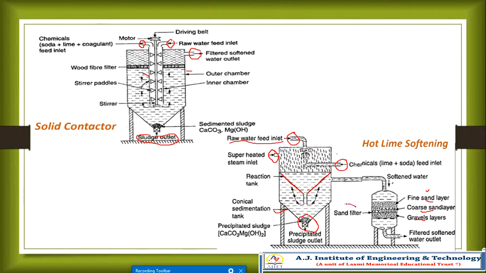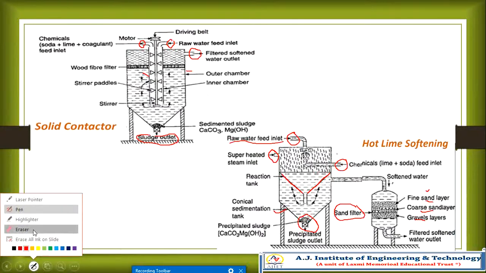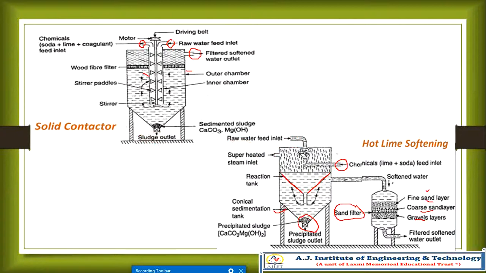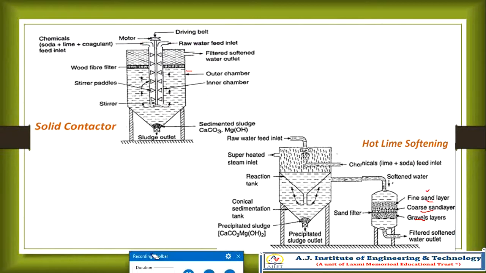The filtered softened water comes out from here. I hope you understood this process easily. Now we'll move to another method. Before that, I'll recall this method once again for you.